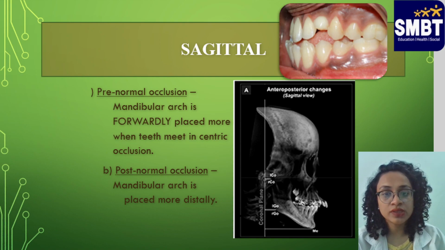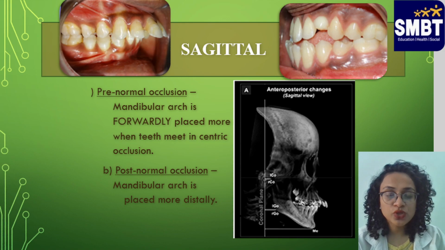Pre-normal malocclusion is a class 3 occlusion, and post-normal occlusion is when the mandibular arch is placed more distally. So, post-normal occlusion is class 2. We can see in the diagram here, pre-normal on the right side is a class 3 where the mandibular arch is more forwardly placed, and post-normal occlusion is class 2 on the left side, the upper diagram, which shows that the mandibular arch is more distally placed.